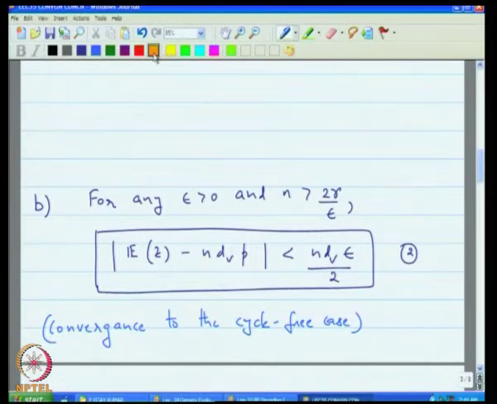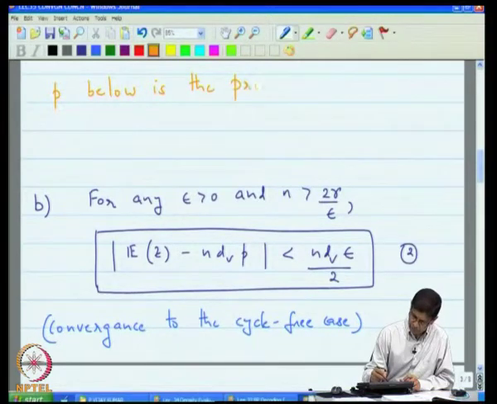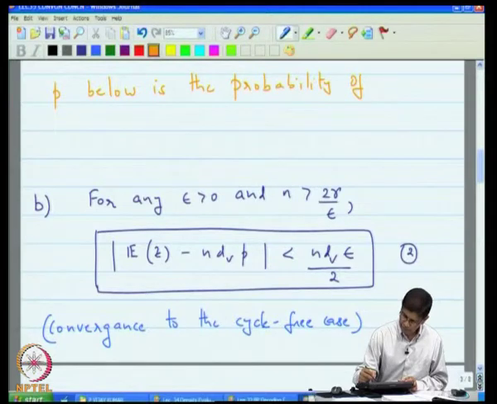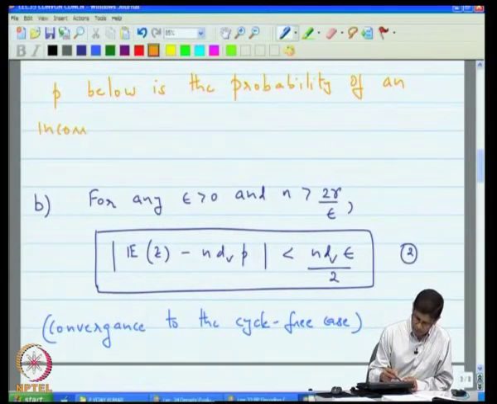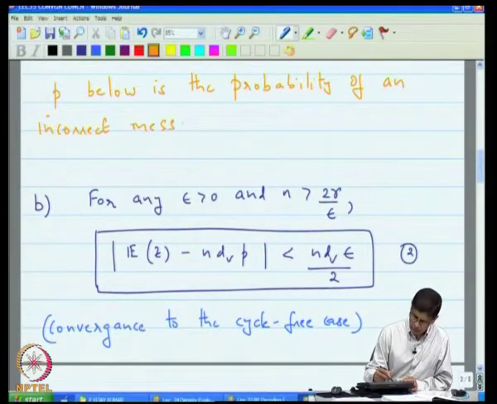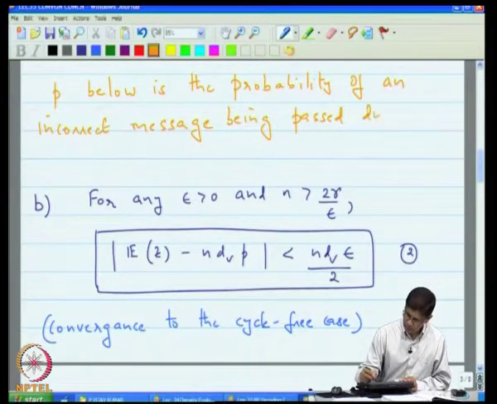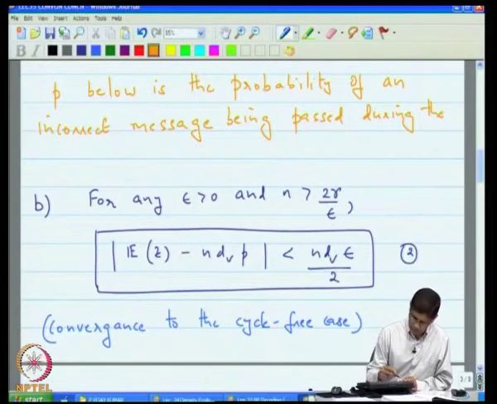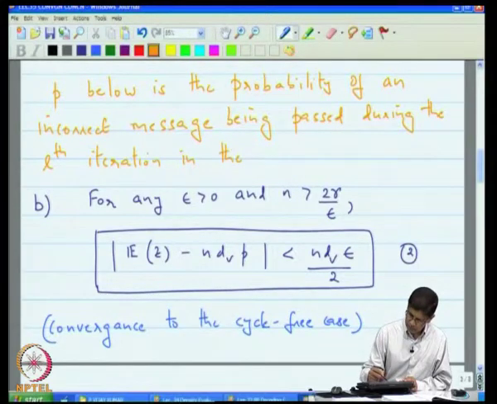I just want to mention here that p below is the probability of an incorrect message being passed during the lth iteration in the tree-like case.